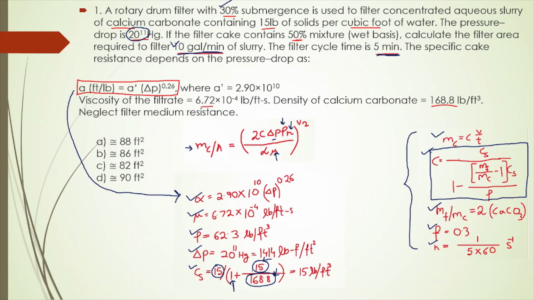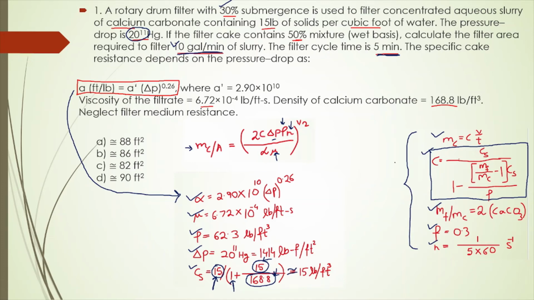We have found out the volume of the filtrate, which is 1. So the volume of the filtrate plus volume of the slurry gives you the total volume. When you divide the weight of the slurry by the total volume, it gives you the concentration. So CS is approximately taken as 15 pounds per feet cube for calculation.